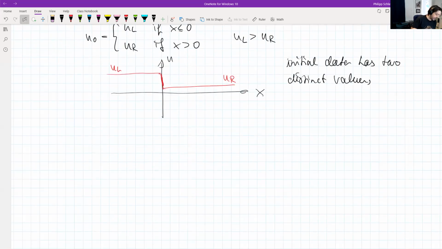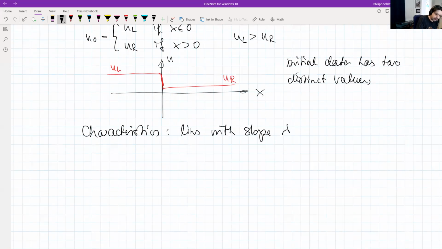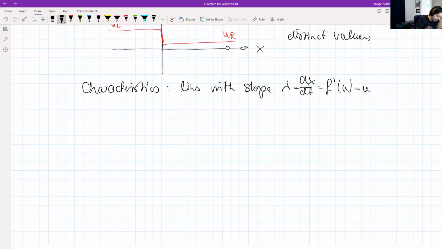Okay, well, we know that we have characteristics. These are lines with slope lambda being dx over dt, being f prime of u, which is u, as we know from before. So again, if I draw that in a space-time diagram, but now just in 2D, looking from above.